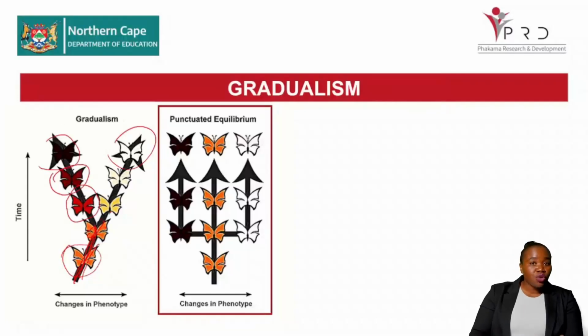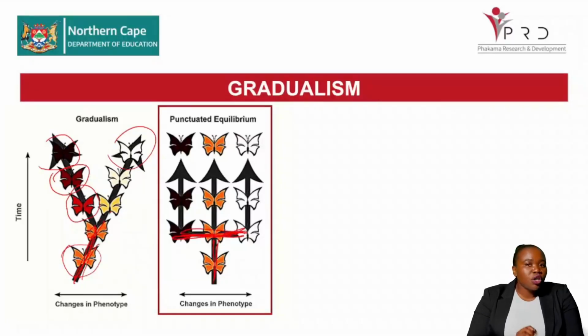However, with punctuated equilibrium, we look at long periods of time of no change that alternate with short periods of time of rapid change and big changes. As we can see, we started off with the orange, and over a very short period of time, we suddenly have white. And over a short period of time, we suddenly have the dark red.